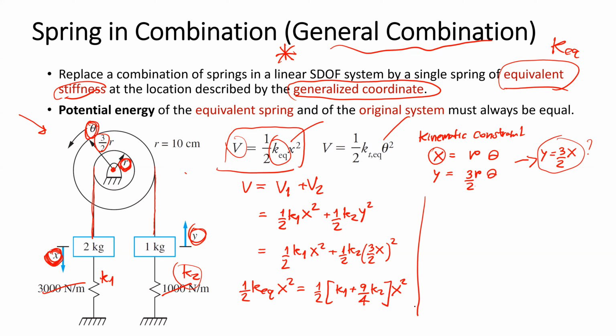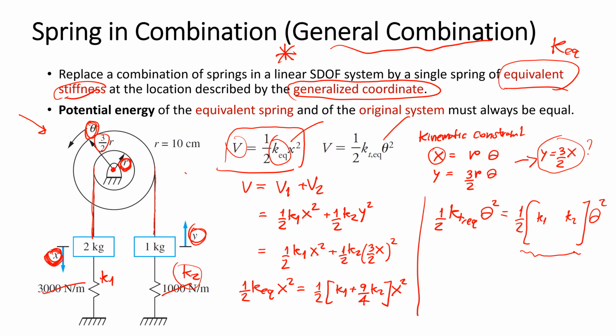You will do it by yourself if you want the generalized coordinate to be theta. Help me check that 1/2 K torsional equivalent multiplied by theta squared is equal to something in terms of K1 and K2 and theta squared.